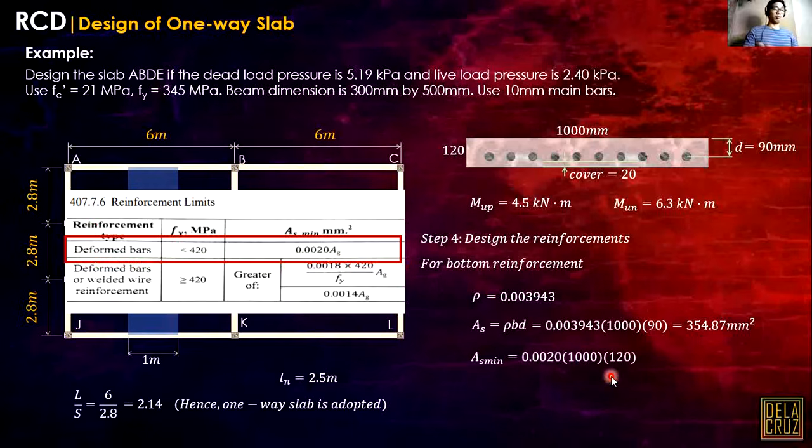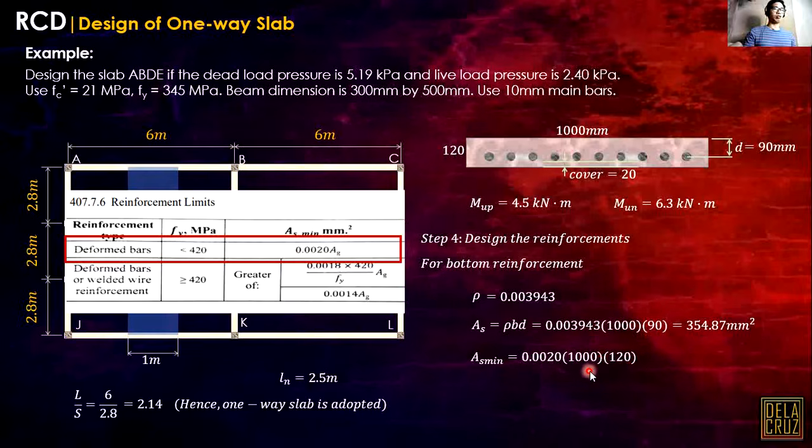So, AS minimum is 0.0020 multiplied by the area gross. Yan yung gross area ng cross-section natin, which is 1,000 times 120. Okay? Kaya hindi raw yung i-compare natin. Because yung AG natin, as you can see dito, yung area is 1,000 times 90.